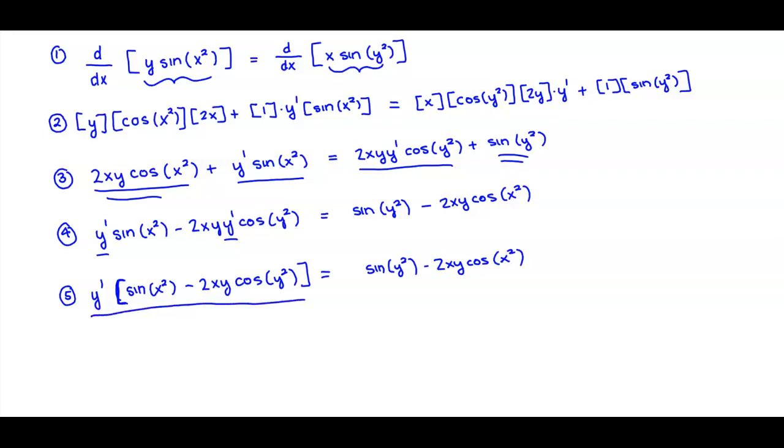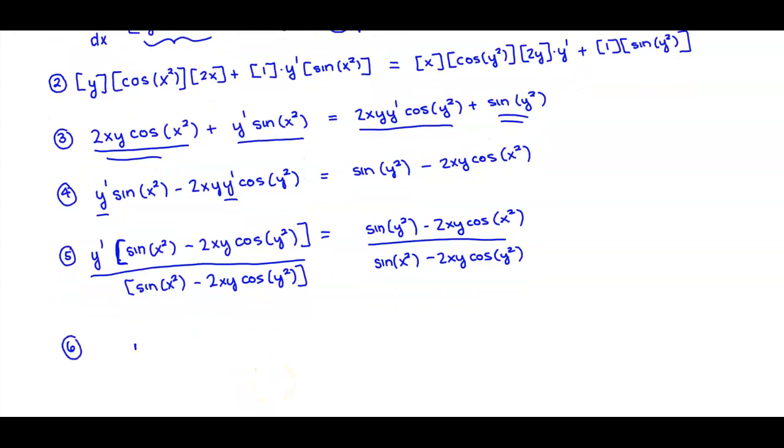Okay, and then we're going to divide both sides by the sine of x squared minus 2xy times the cosine of y squared. Over here, we're going to have sine of x squared minus 2xy times the cosine of y squared.